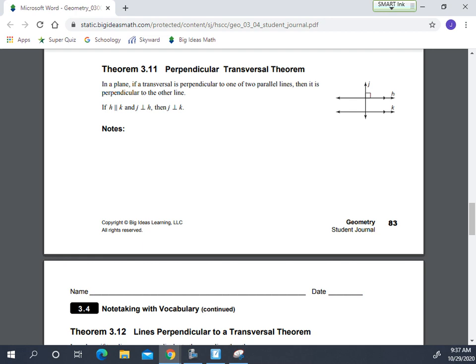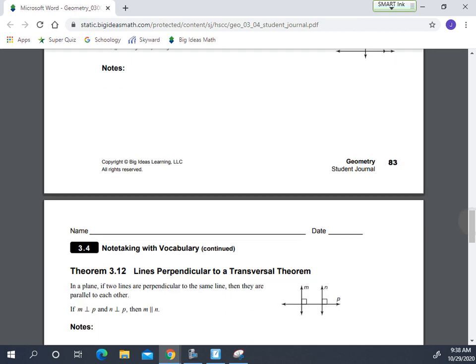We can prove that just by saying corresponding angles. This 90 degree and that 90 degree are corresponding, and if those two lines are parallel, those have to be equal. So J is perpendicular to line H. Well then, if H and K are parallel, J has to be perpendicular to K.